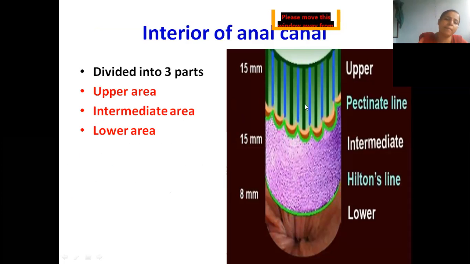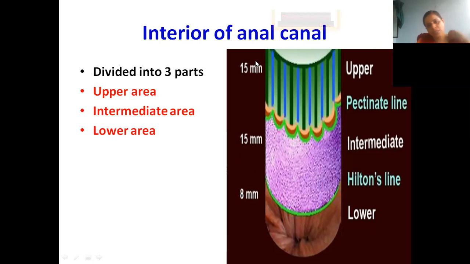Okay, so the upper part measures 15 millimeters, which is nothing but 1.5 centimeters. Here also it is 1.5 centimeters. So the upper area is 15 millimeters, the intermediate area is 15 millimeters and the lower area is true skin which is 8 mm.